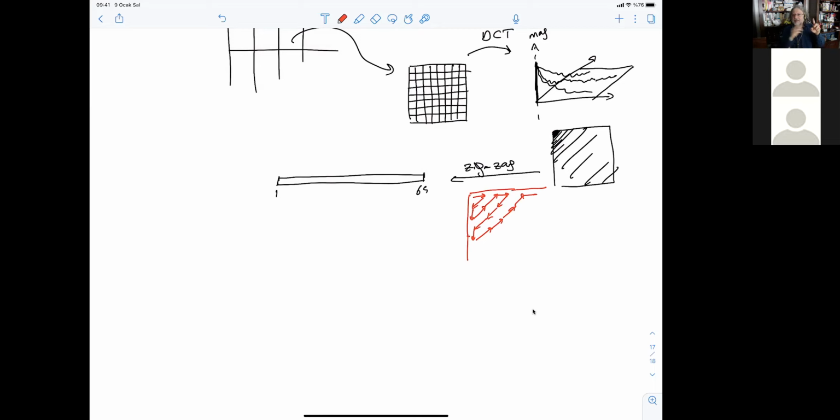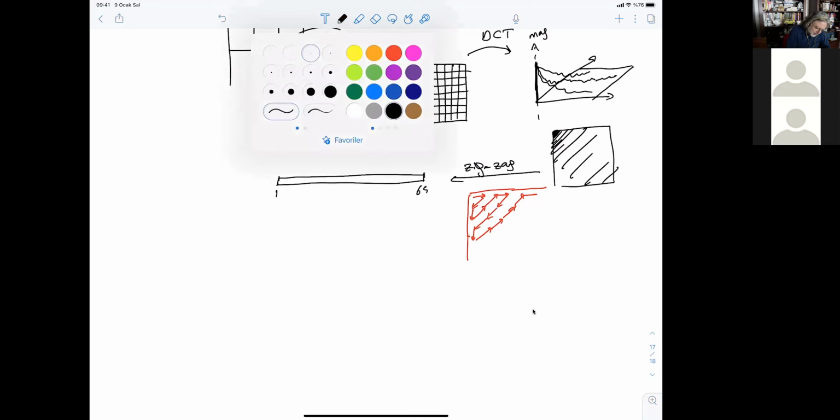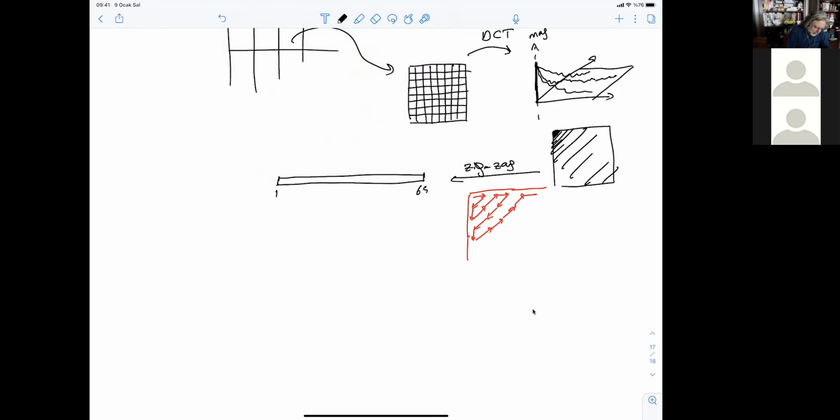If you think of it like a thread, you pull it from there, and then it becomes like a string. And that string has values which are usually in decreasing order, like this. Okay, they decrease.